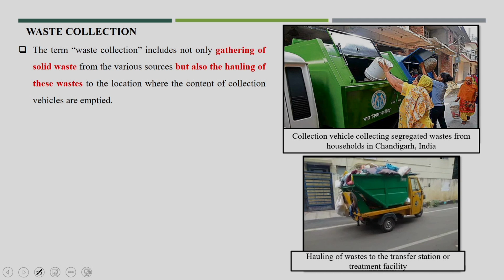Similarly, this is another kind of vehicle which is normally used, and the hauling of waste could be to transfer stations or any treatment facility. So it is not going to the dustbin area or the disposal site.